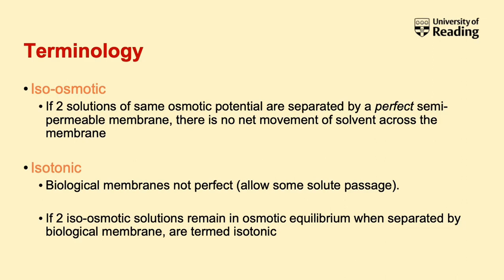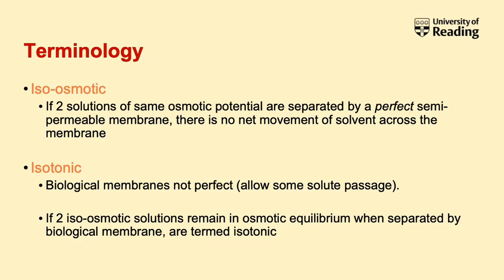So they would be isoosmotic and there'd be no net movement of solvent. Isotonic is a term used for biological membranes because they are not perfect, and so they do allow some solute passage as well as the solvent passage. So if 2 isoosmotic solutions remain in osmotic equilibrium when separated by a biological membrane, they are termed isotonic.